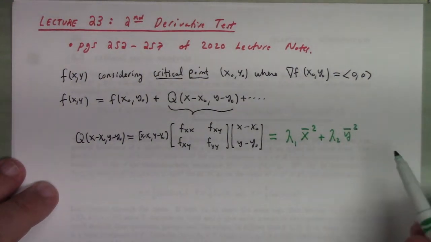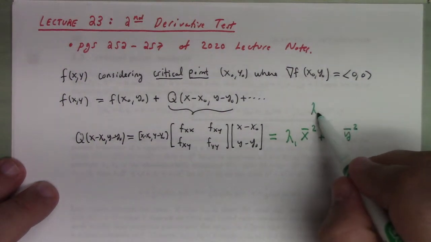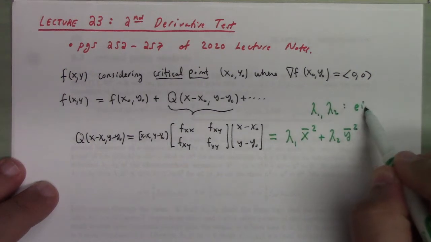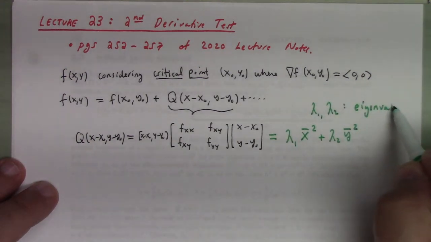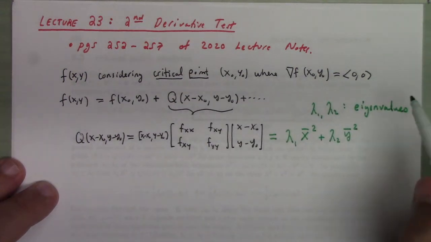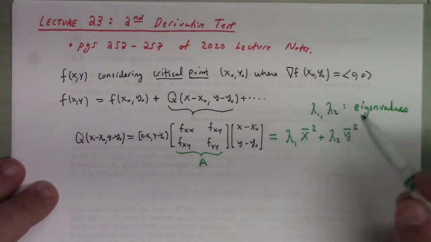And here the lambda 1 and lambda 2 are called eigenvalues, which means proper value or characteristic value, eigenvalues of that matrix over here. I'll call it A.